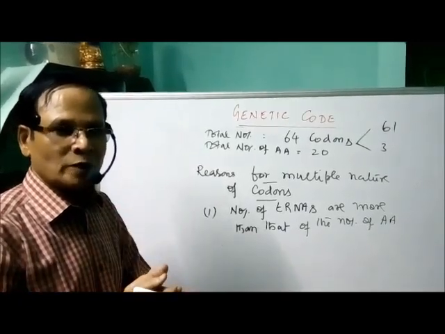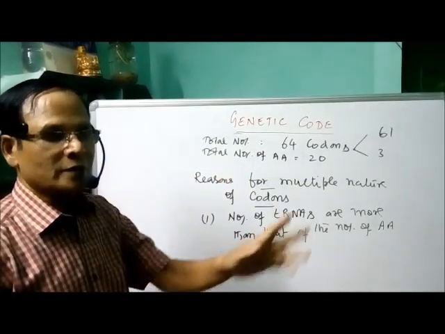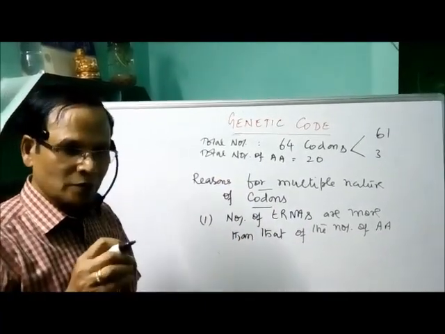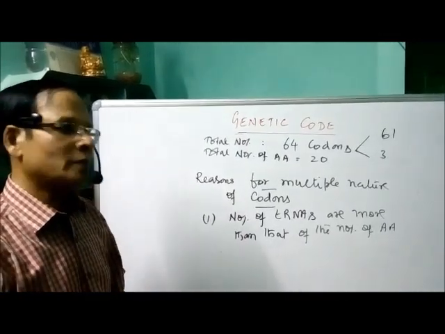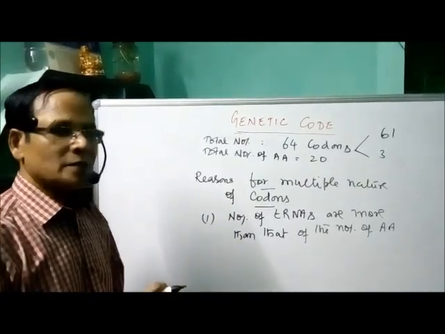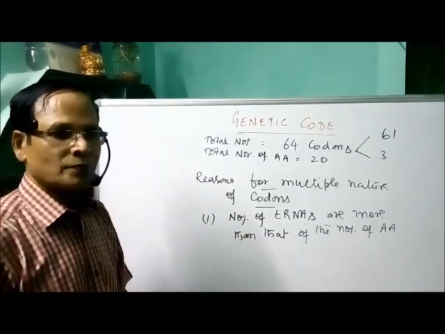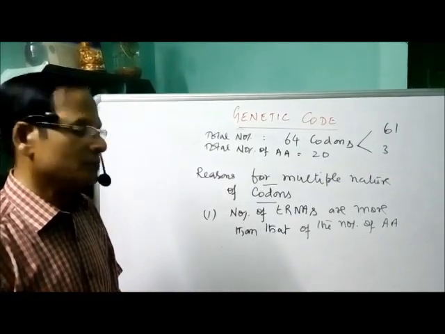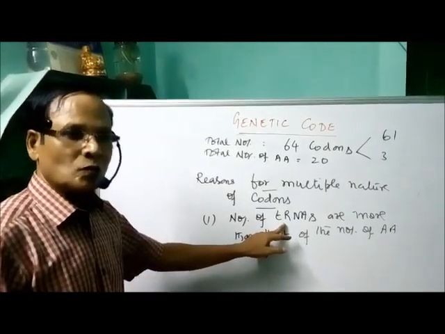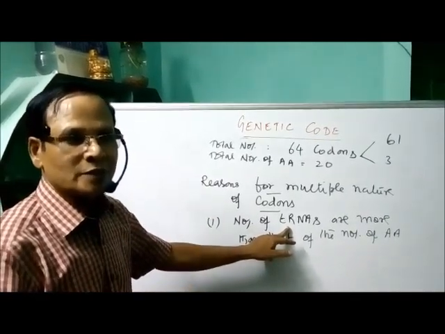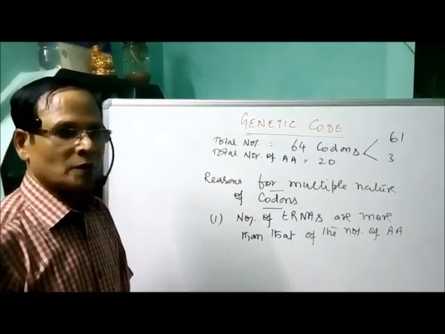Now there is a set of 3 nucleotides in mRNA carrying the message for one amino acid, called a codon. Codon is nothing but a set of 3 nucleotides carried by mRNA having the message for one amino acid. The message is read by another set of 3 nucleotides present in tRNA. That is called the anticodon. A set of 3 nucleotides found in tRNA which are complementary and read the message of mRNA are called anticodons.